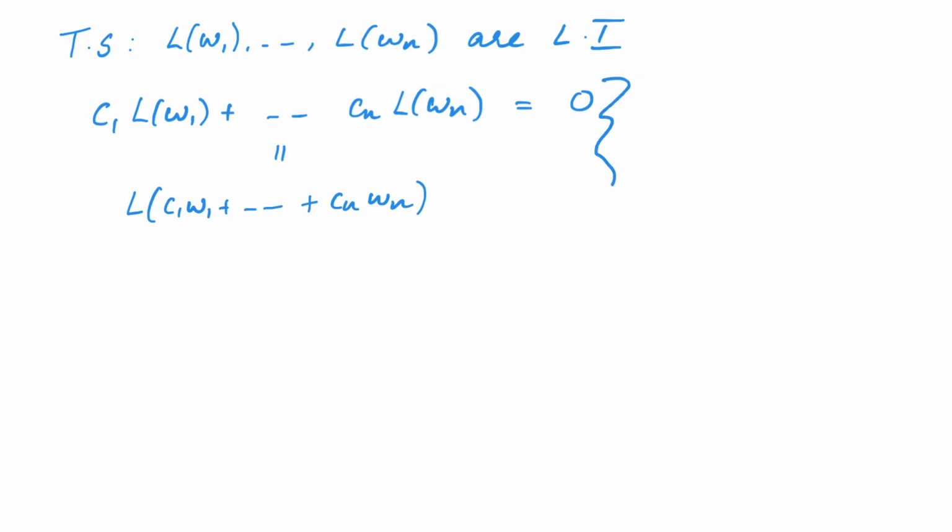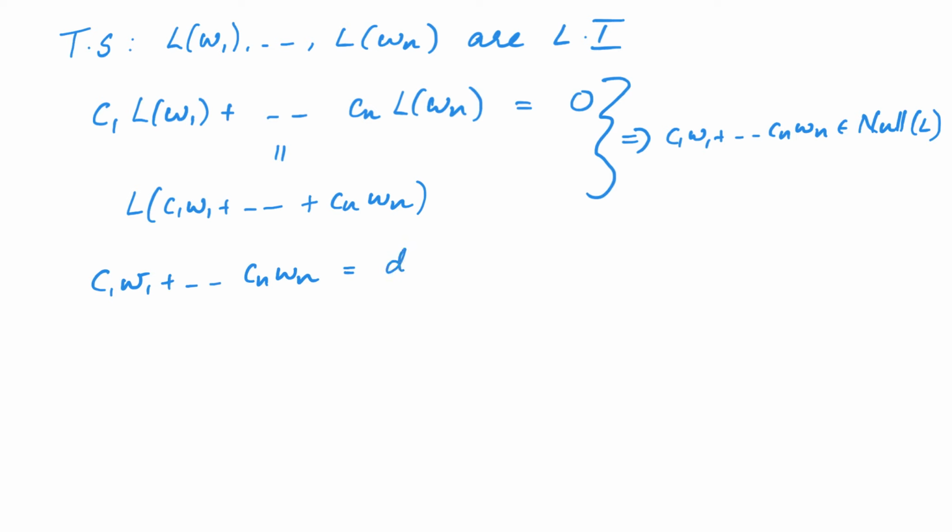But the fact that L of this vector c1 w1 plus etc. up to cn wn is equal to 0 implies that c1 w1 plus etc. up to cn wn belongs to the null space of L. But we know that u1, u2, etc. up to um form a basis for the null space of L. Therefore, we can write the vector c1 w1 plus etc. up to cn wn as a linear combination of the vectors u1 to um.